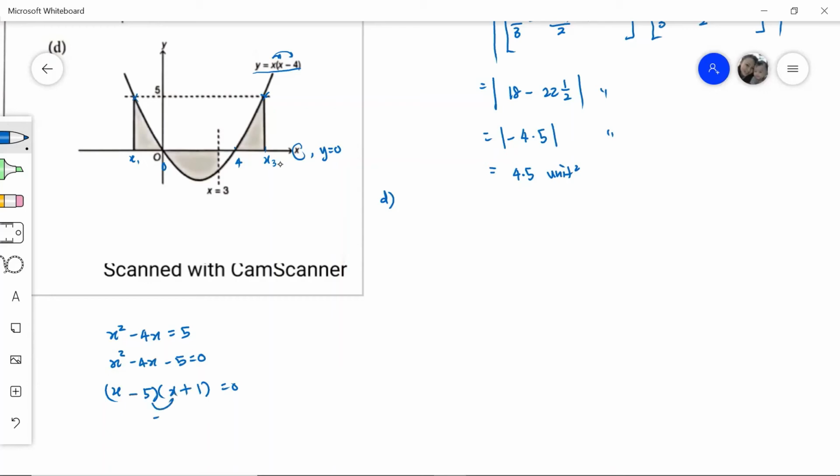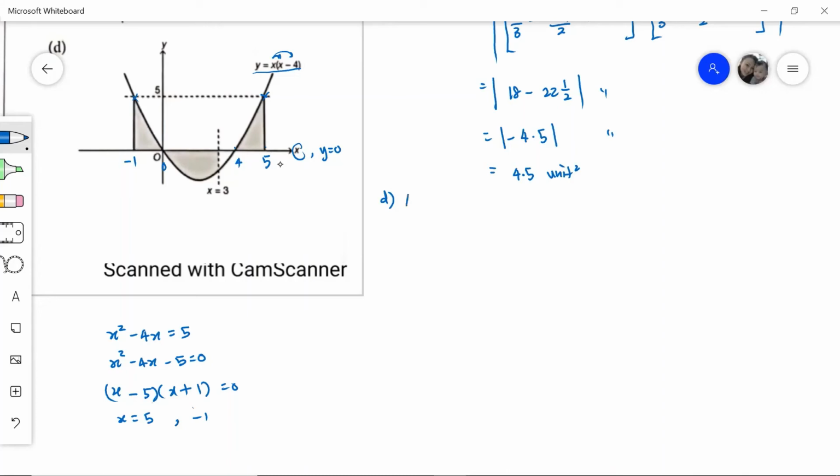Double check. The inner pair, we have negative 5x. The outer pair, we have positive x. So the sum will give us negative 4x. So therefore, our factorization is correct. So with that, x equals to 5 or x equals to negative 1. So this is negative 1 and this is 5. Makes sense because 5 is on the right of 4.